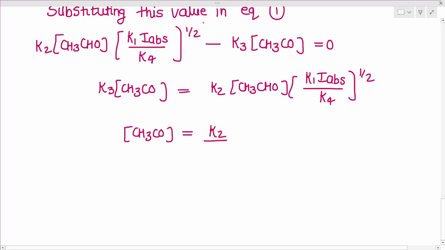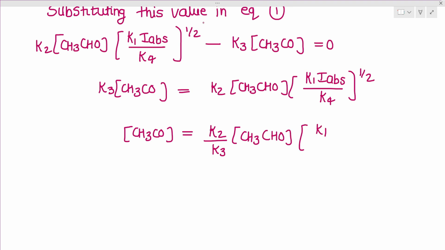So you can find out it from here. So you are getting k2 upon k3 [CH3CHO] k1 I absorbed upon k4 to power half. Okay, now you can substitute this value.